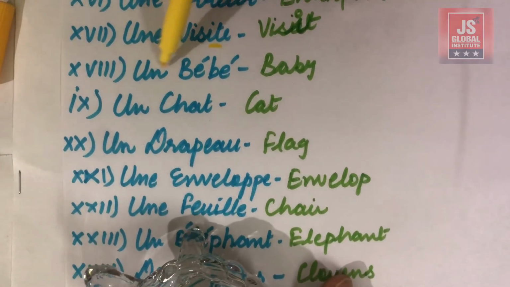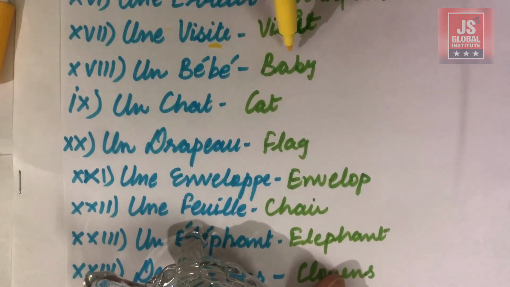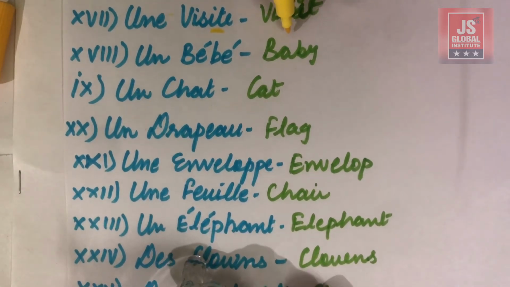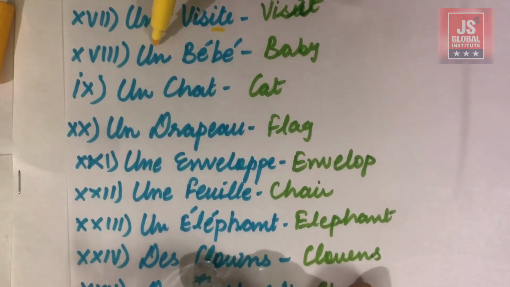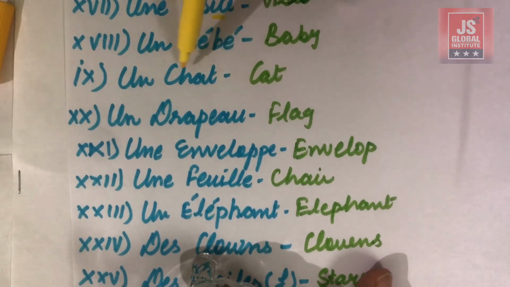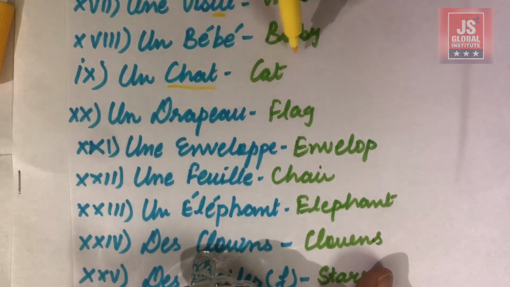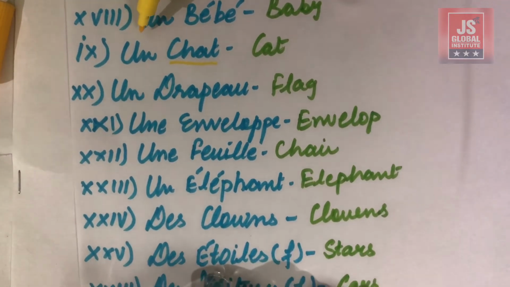Alright, un bébé, that is baby. Alright, so that is masculine in French. Alright, moving on. Un chat, so what is chat? That is cat, and that is masculine in French.